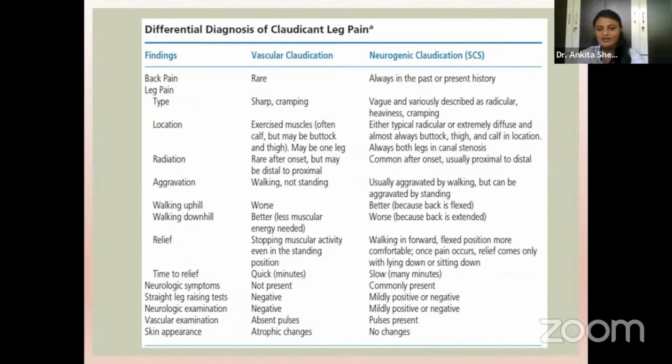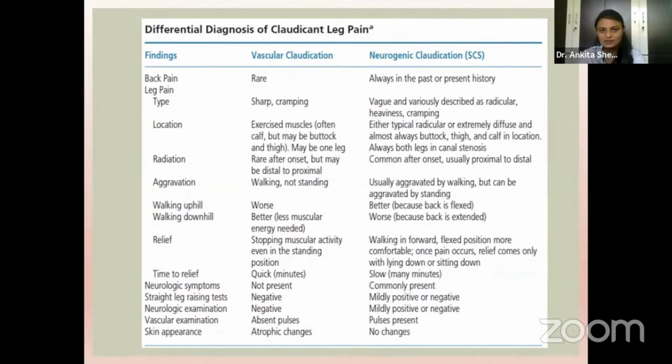The relief of pain in vascular claudication is after you stop the muscular activity, even if you are in standing position, and it is quick, within minutes. Whereas in neurogenic claudication, the relief is only if you attain a flexed position, preferably lying down or sitting down. Neurologic symptoms in vascular claudication, SLR test or neurological examination are generally absent, whereas in neurogenic claudication, neurologic signs and symptoms are generally present.